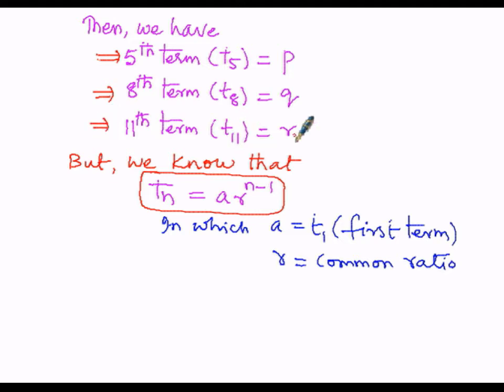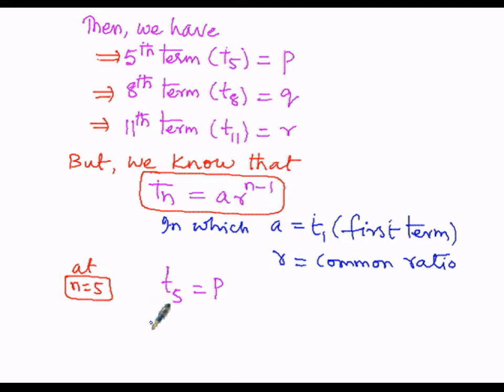So here we are going to perform the first one. So here first one is T5. So here T5 is equal to P. By comparing this T5 equals P with the general term, that is Tn is equal to a r to the power of n minus 1, when we substitute n as 5, then the right hand side will be a r to the power of n minus 1.